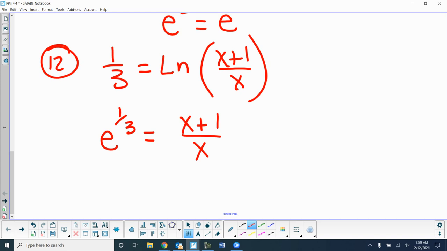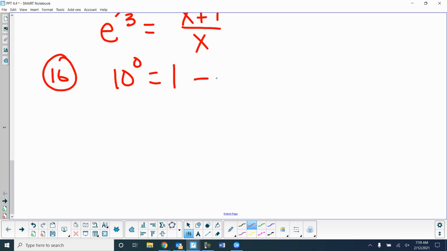Okay, 16, it's an exponential one. We're going the other way. So this was 10 to the 0 equals 1. So it's log, what's the base? 10. Do I need to write the 10? I don't have to, but you can.